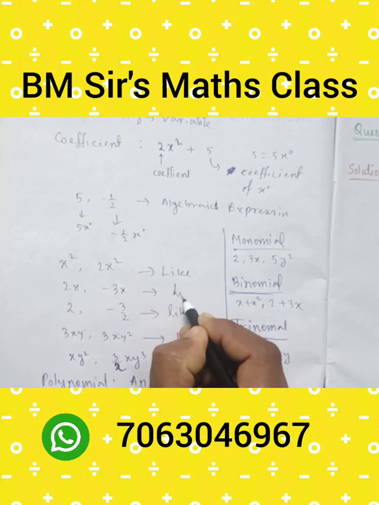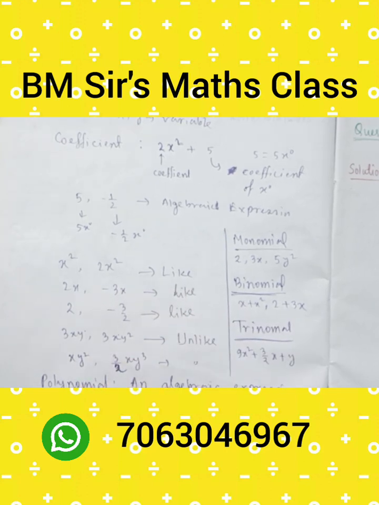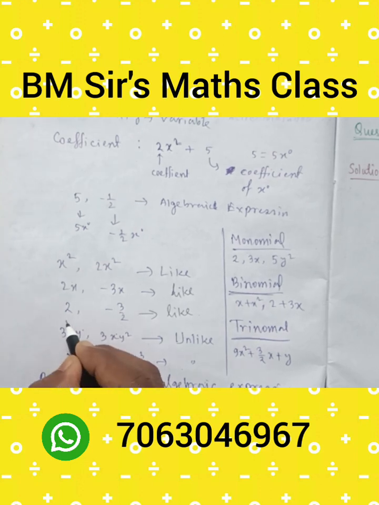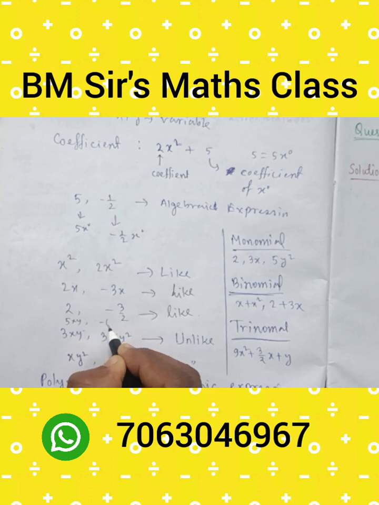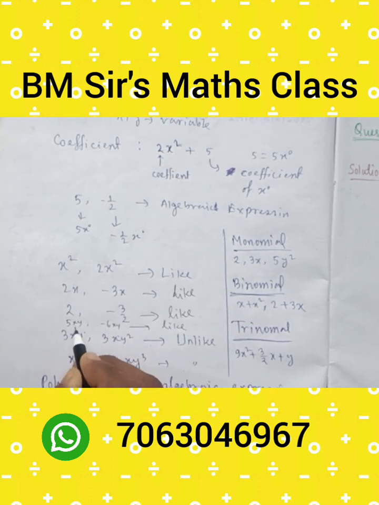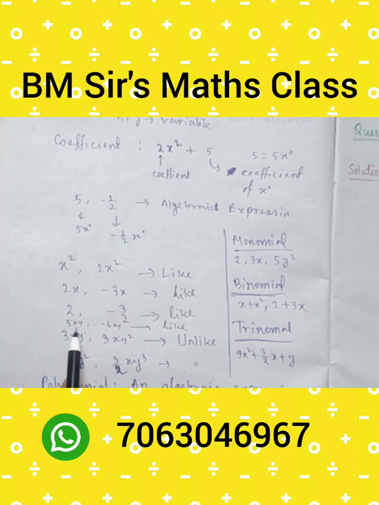Why are these like terms? Because here the same variable, if we consider x, then 2 into x to the power 0 and minus 3 by 2 x to the power 0. So both have the same power of the variable. Suppose I write another example, 5xy and minus 6xy. These are also like terms because both have the same variables xy and both have the same powers, 1 and 1.